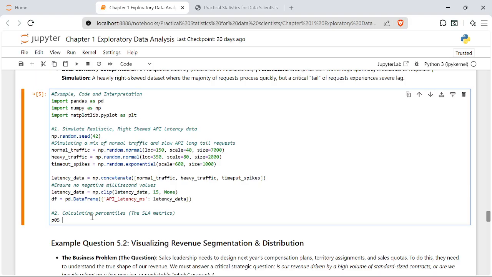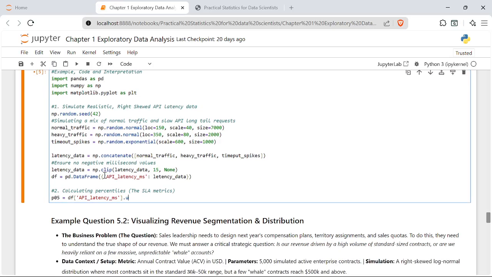P05 equals df API latency ms dot quantile 0.05.